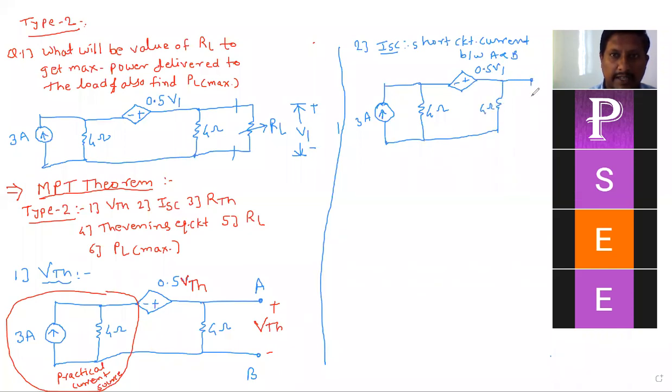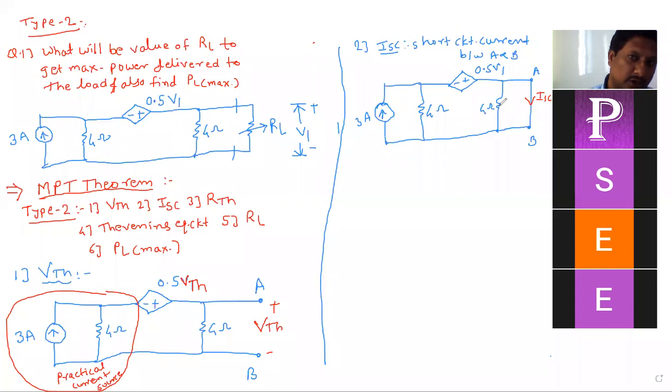Now we are shorting the A and B terminals and we are going to find out the ISC. Tell me, what modifications will happen?